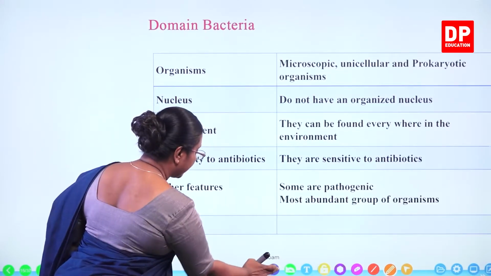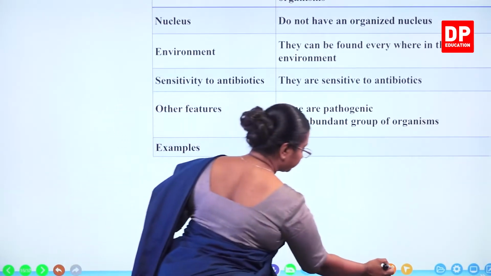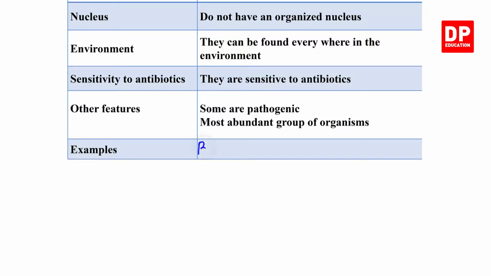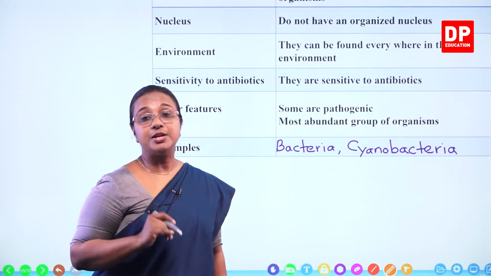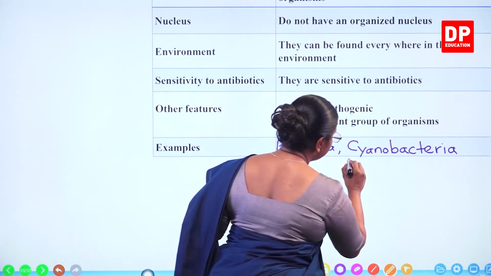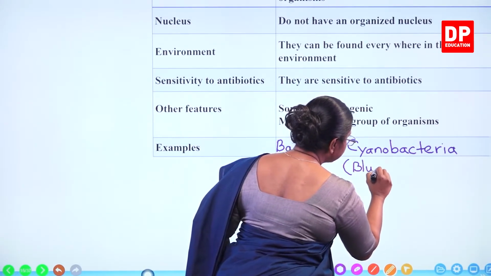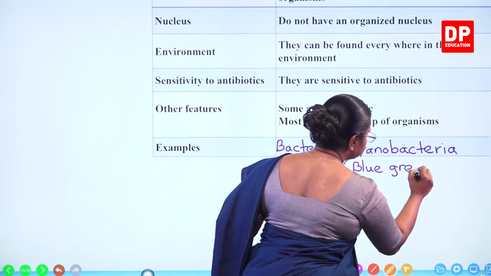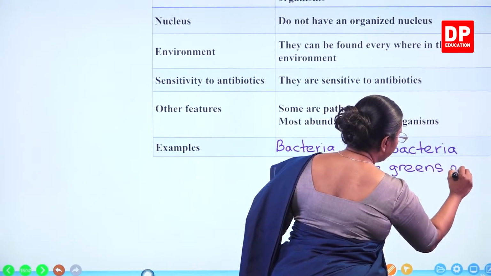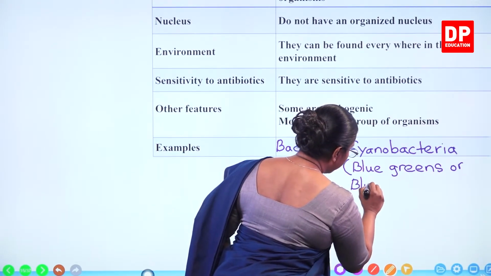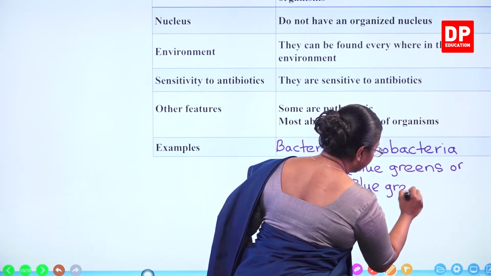First I will write down the examples: bacteria and cyanobacteria. We give another name to cyanobacteria. They are also known as blue-greens, or we call them blue-green algae.